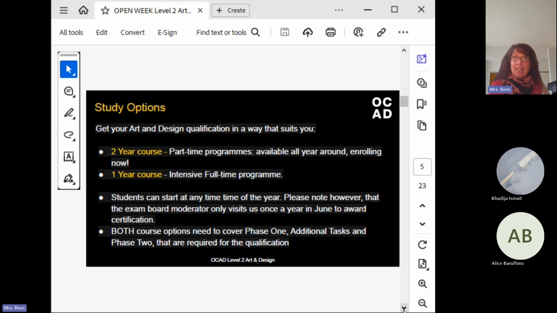This is why it's called the intensive course, because it is more like a full-time programme, because you are trying to cover both of those phases in a shorter amount of time. Okay, so there's options to do the course over a 2-year programme, or, if your circumstances need to, get it into the 1 year intensive full-time programme.